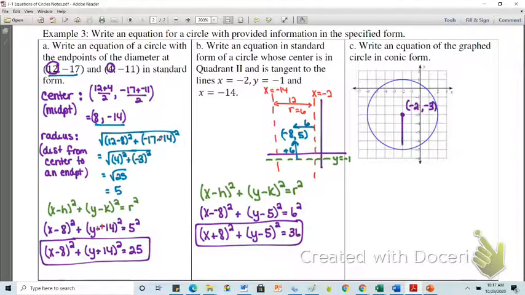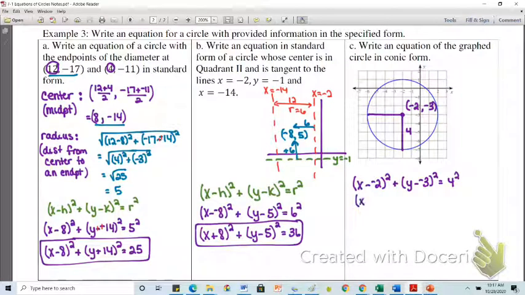Therefore, my radius, any of those, is going to be 4. So we plug it into our formula. So it's x minus negative 2 squared plus y minus negative 3 squared equals 4 squared.